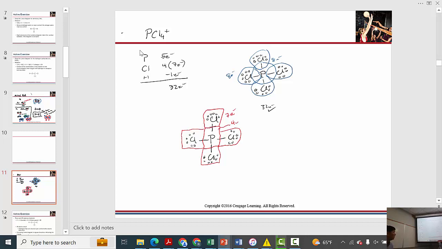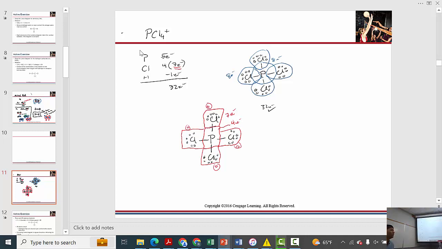So if we look at the contribution of chlorine, chlorine gave 7 electrons. And when we look at the structure, did it get those 7 electrons back? Yes. And so we say it broke even. Let's say California pays $100 to the federal government, and then you get back $100 from Washington, D.C. You broke even.